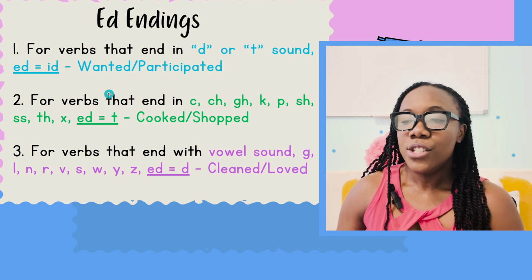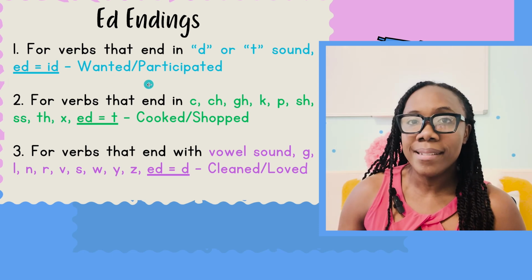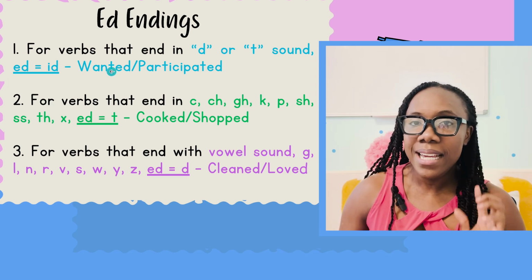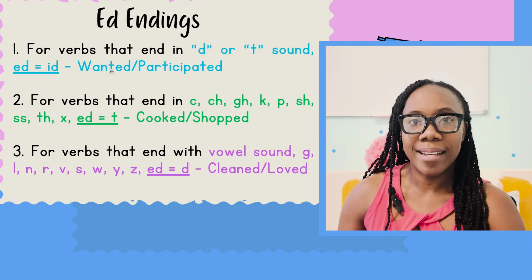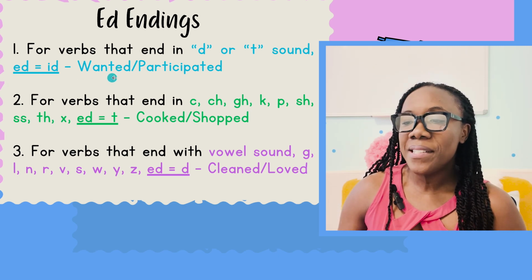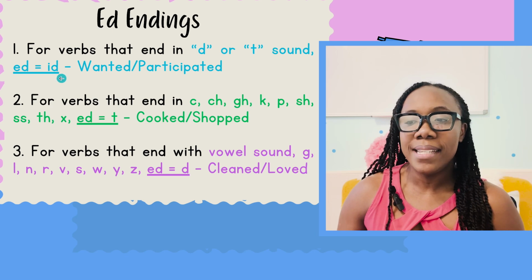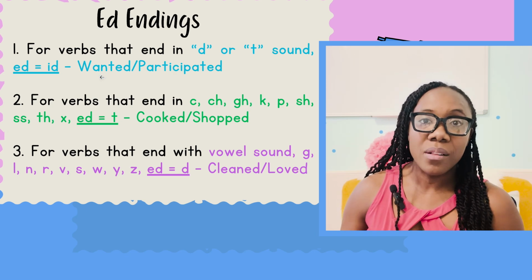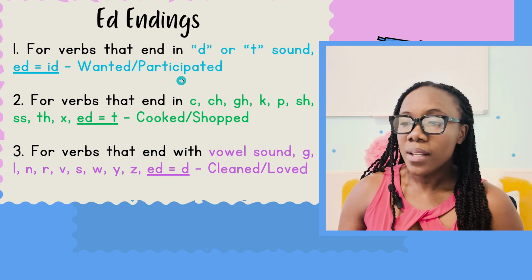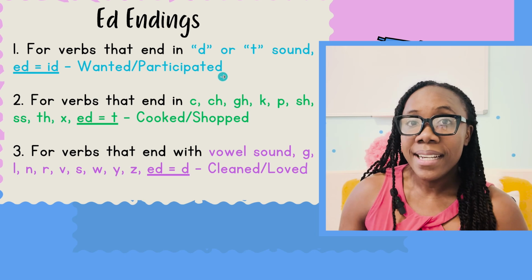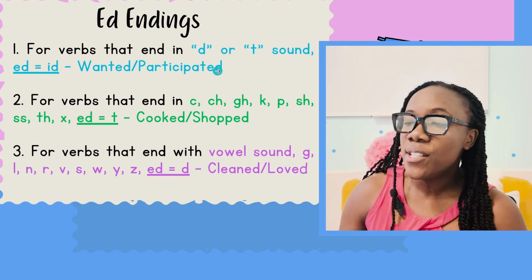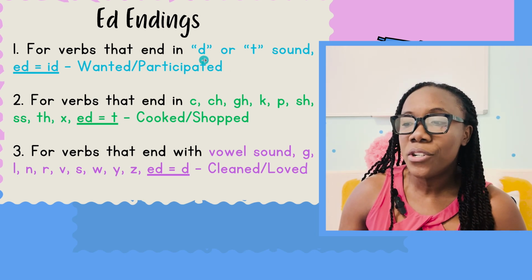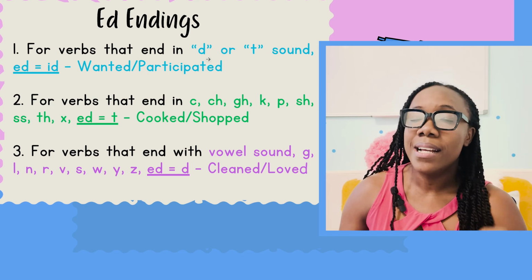Id. So for example, want ends in a T sound, want. And therefore the pronunciation of this word is wanted. Or in America, they say wanted as well. Participate actually ends with an E, and this is the reason why I've put a D or T sound.